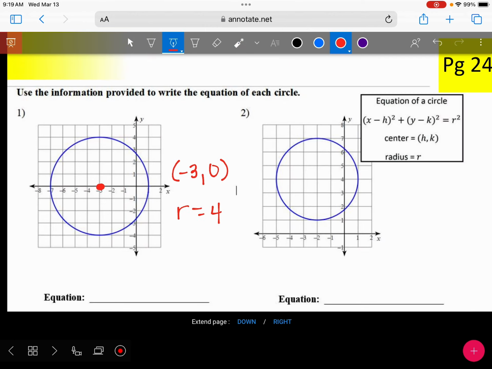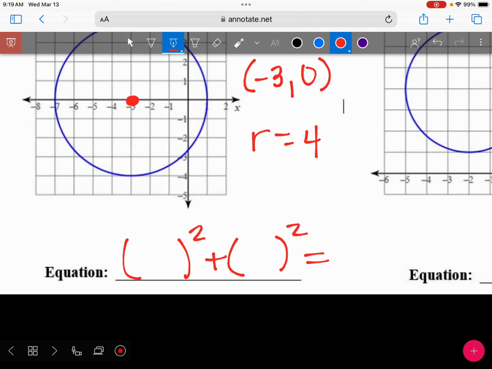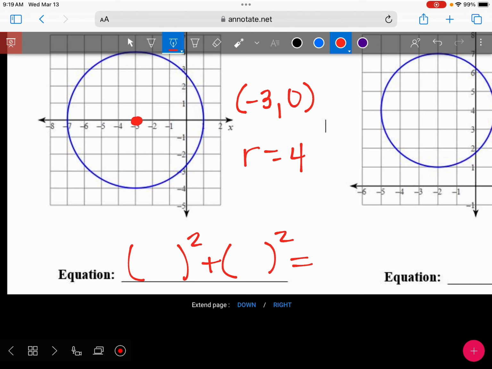So let's go ahead and write our equation. So I'm going to make my 2 parentheses. That's what I always do. In my first parentheses, I'm going to put the opposite of -3. So instead of x minus 3, I'm going to put the opposite.